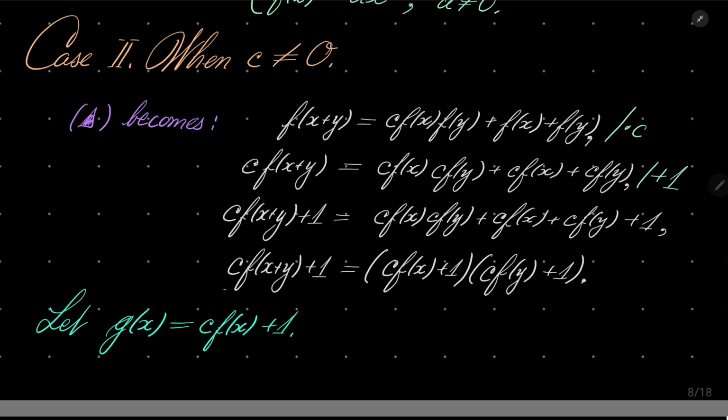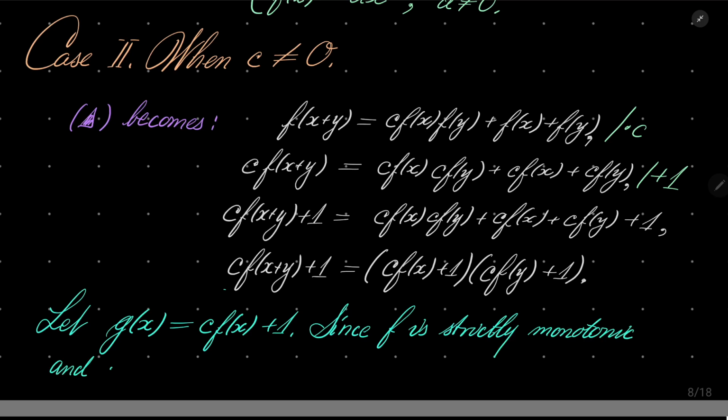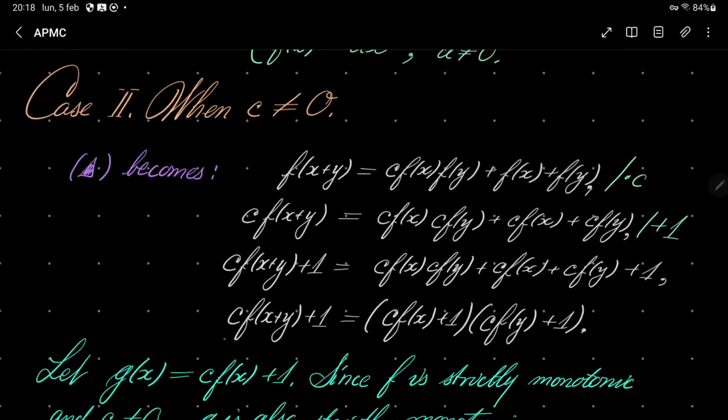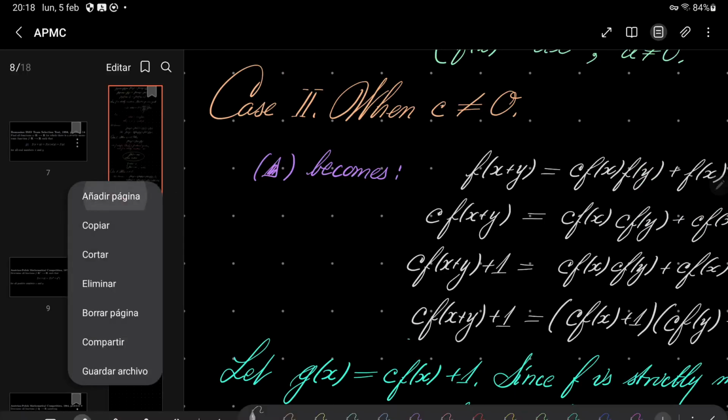And notice that since f is strictly monotonic, and since c is non-zero, g is also strictly monotonic. We'll use it later. Now I need a new page, so give me a minute.